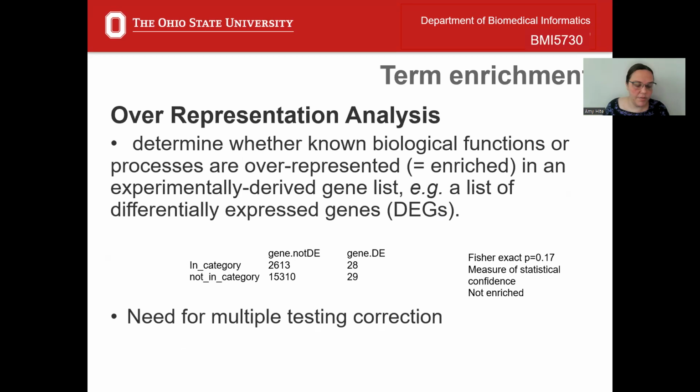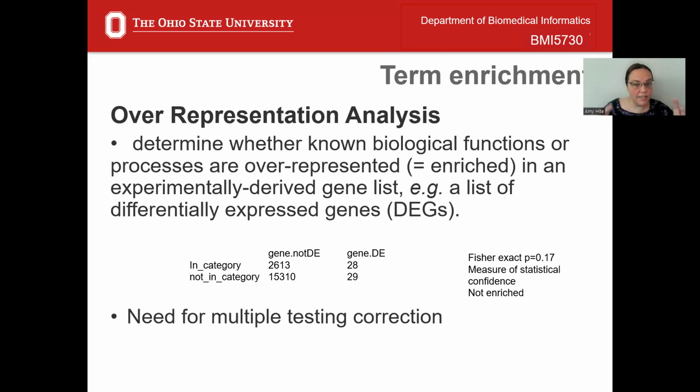You will see researchers refer to this as pathway analysis or functional enrichment analysis. There are two types of functional enrichment analysis that we do. The first is overrepresentation analysis. We ask, are there known biological functions or processes that are overrepresented or enriched in our filtered gene list, in our list of differentially expressed genes?